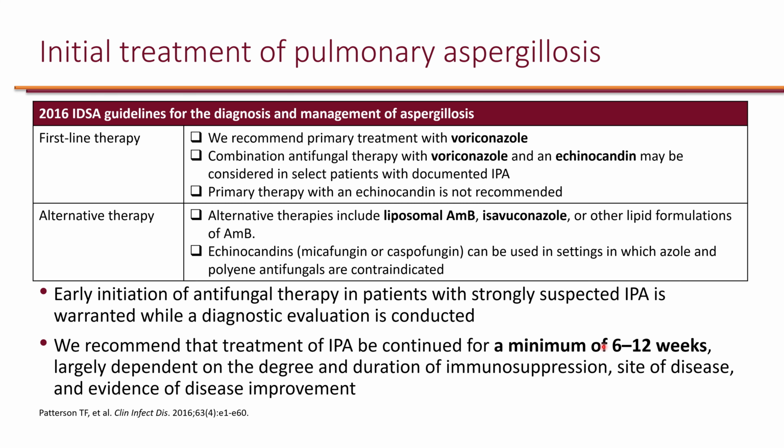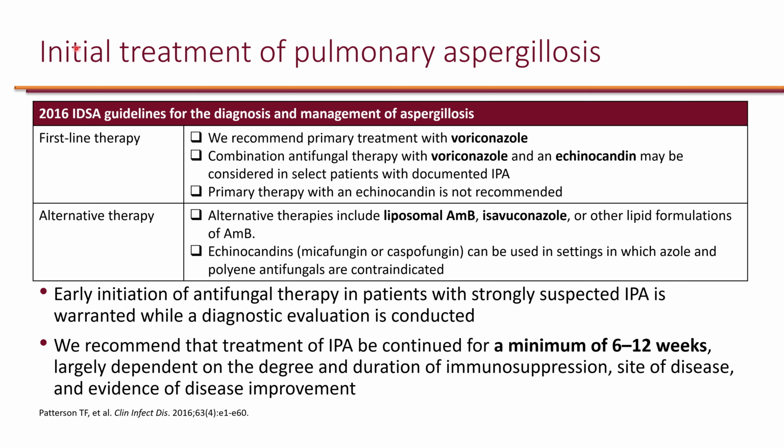So here are the 2016 IDSA guidelines for the diagnosis and management of aspergillosis. The first line therapy that's recommended for pulmonary aspergillosis for initial therapy, and initial means that we're not talking about salvage therapy, meaning somebody has already failed a treatment.